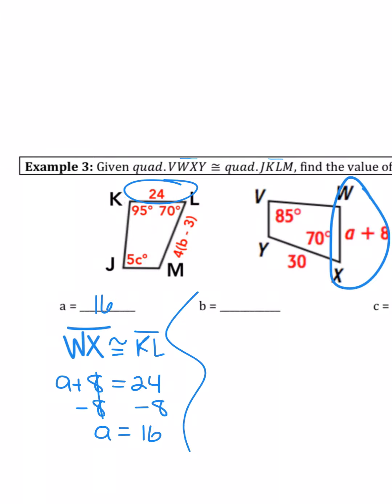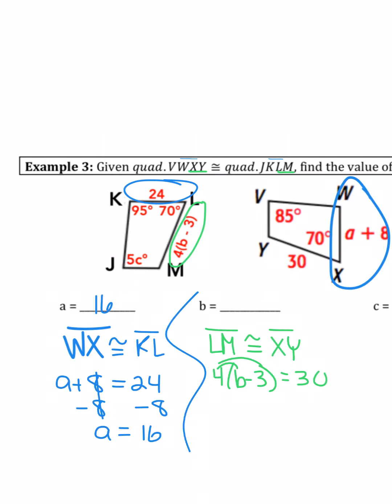Okay, next, let's go ahead and look for little b. So we'll start and see that little b is at segment LM. So LM in the figure was third and fourth, which matches with the third and fourth letter over here, which was XY. So LM's measure was 4 times (b minus 3), and that's going to be equal to segment XY, which is 30. So the next thing I'm going to do to solve is distribute this 4 through.